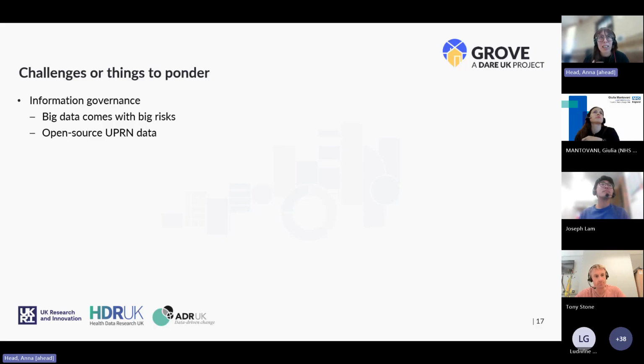The example my colleague always gives is if you're looking at the distance to blue space and you have somebody living in a lighthouse, that's probably only one person who has 0 meters distance to blue space. So you're automatically identifying that person if you're bringing that data in.